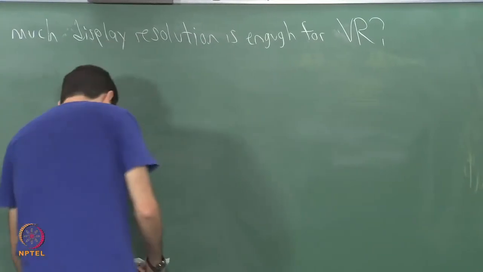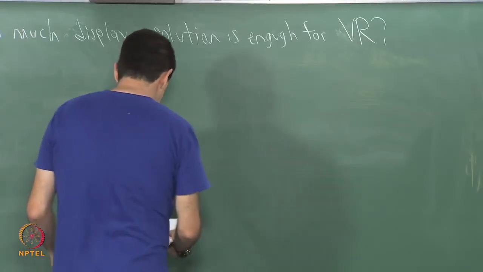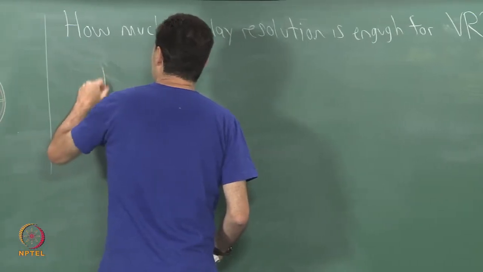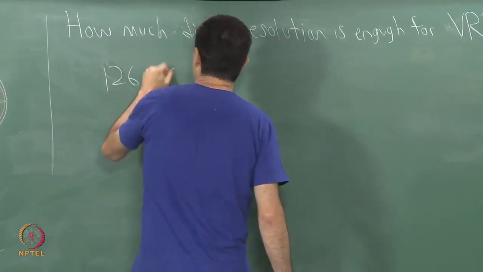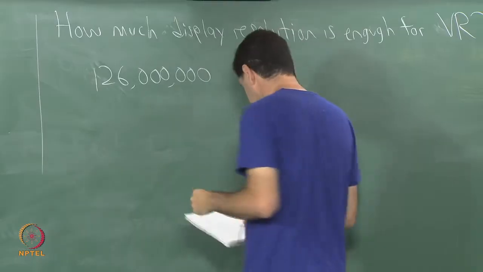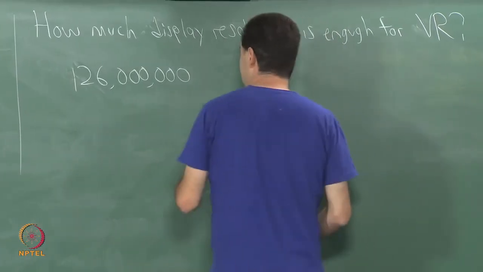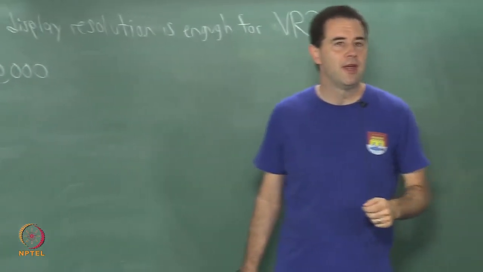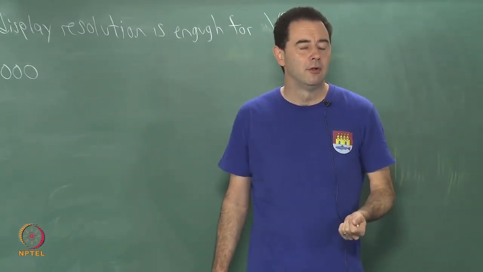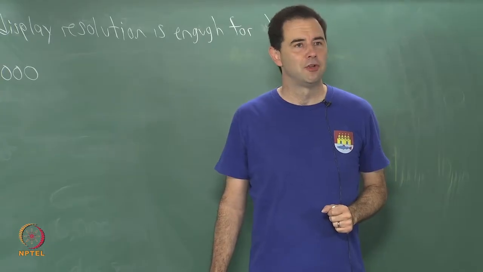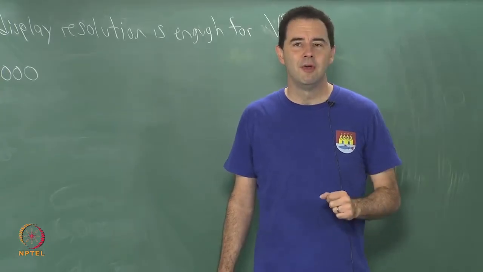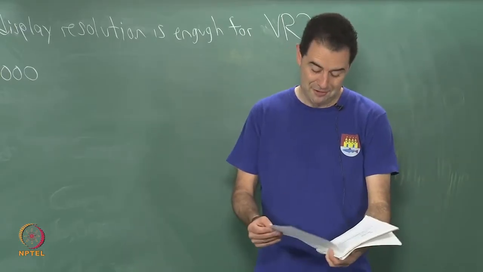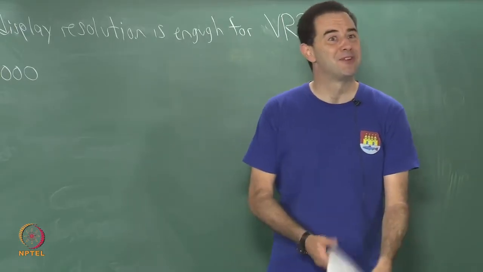Well, here's one thing I could do. I could make a rough estimate and say we have 126 million photoreceptors, right, total, because I said we had, what did I say, 100 million, no, 120 million, which one, cones or rods? 120 million cones and about 6 million rods, or is it the other way around? 120 million rods and about 6 million cones.